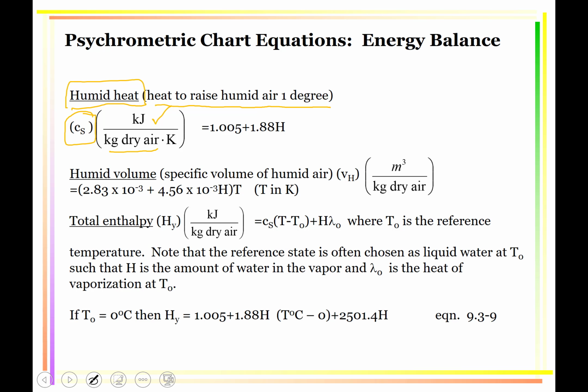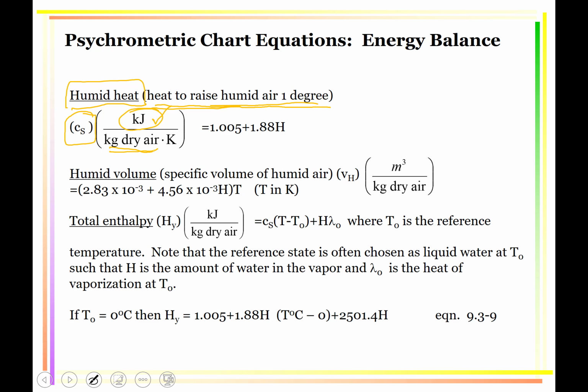So this is like a heat capacity of the humidity. How much heat does it take to raise the humid air 1 degree? And this heat is in kilojoules, but it's defined with reference to the kilograms of dry air in the system.